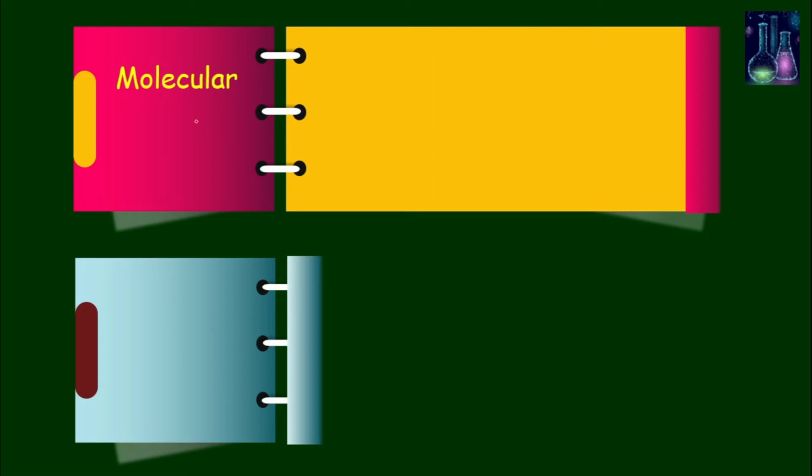The molecular formula for butane. So we will see for butane and propanol. For butane, the molecular formula is C4H10 and for propanol it is C3H8O.